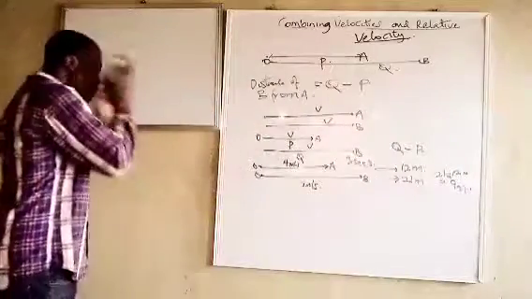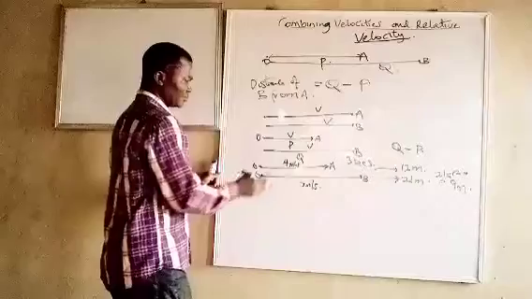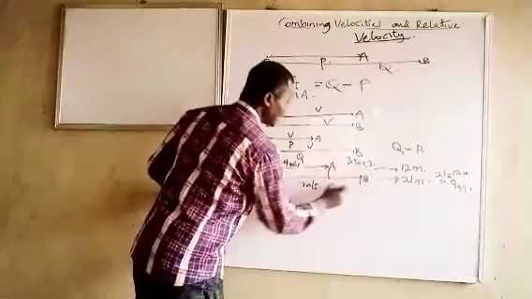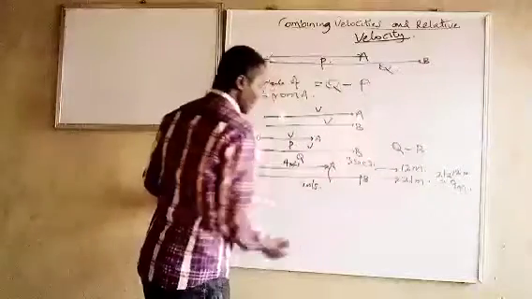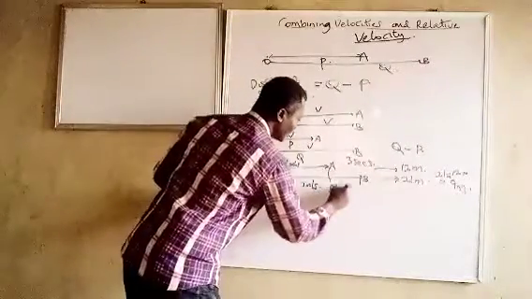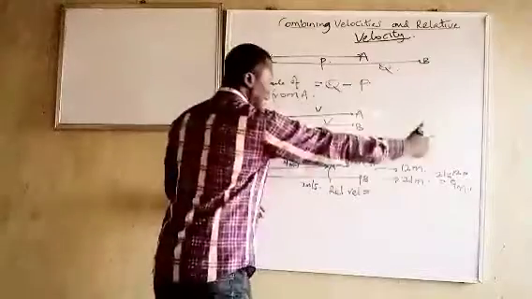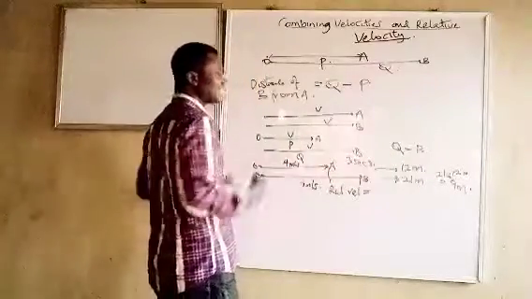I just want you to see the relative velocity now. If you look at it, for every second, the difference in their position is 3 meters. So in this instance, they are in the same direction, and when you are talking about relative, it is subtraction.